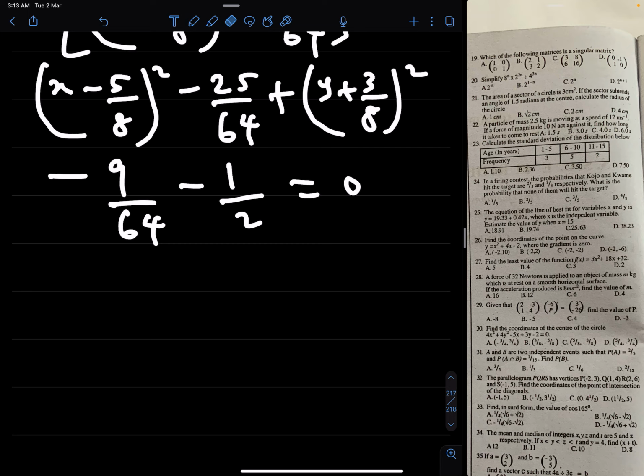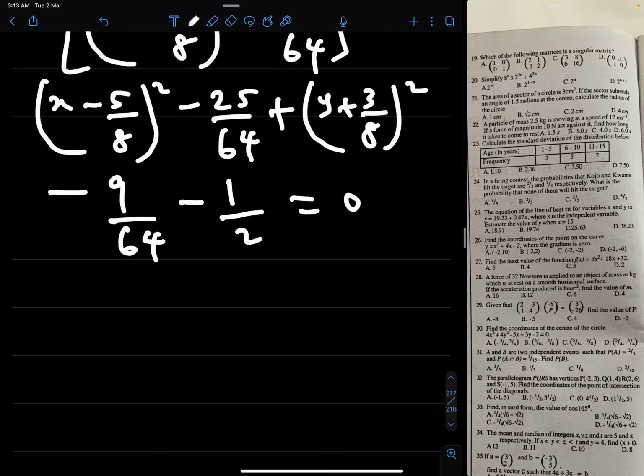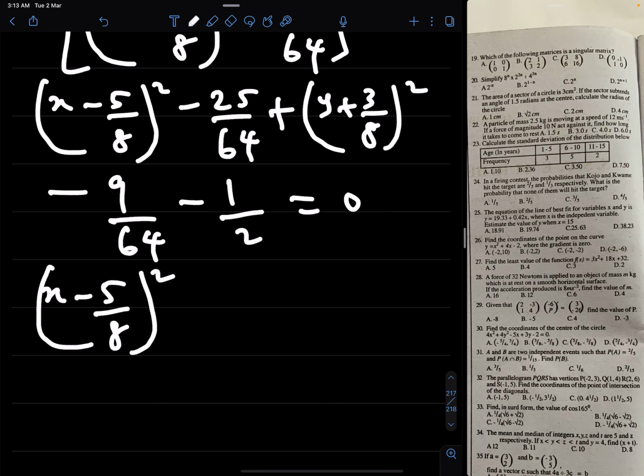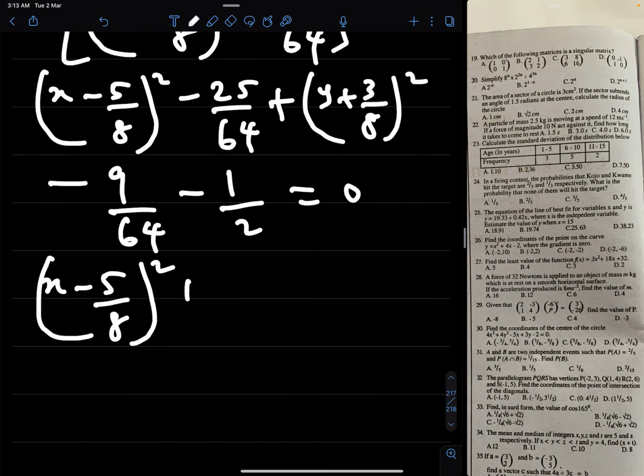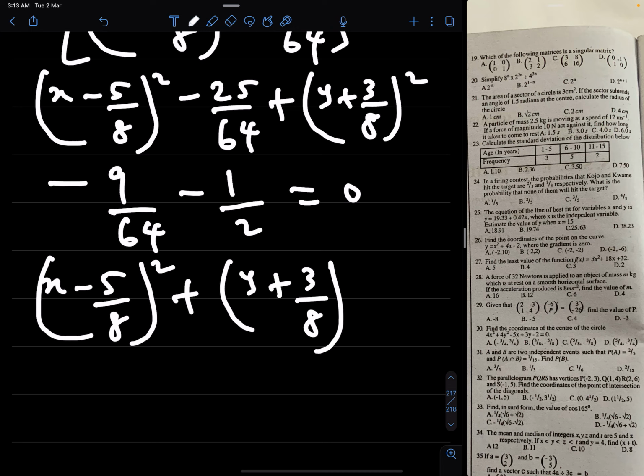And now that simply means x minus 5 over 8 squared plus y plus 3 over 8 squared. So what is minus 25 over 64 minus 9 over 64? That's minus 34 over 64.